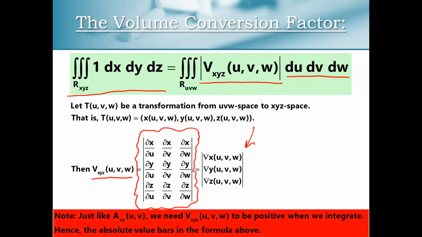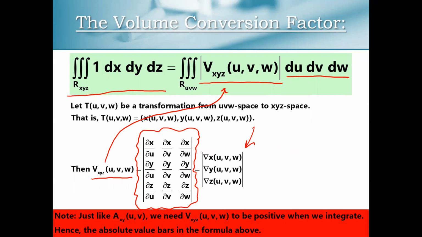Now we do have to be careful again with positive and negative. So if we do end up in a situation where our volume conversion factor works out to a negative number, that's okay. Volume conversion factors can work out to be negative numbers, but when we put that volume conversion factor into our triple integral, when we start integrating, we need to put absolute value bars there.